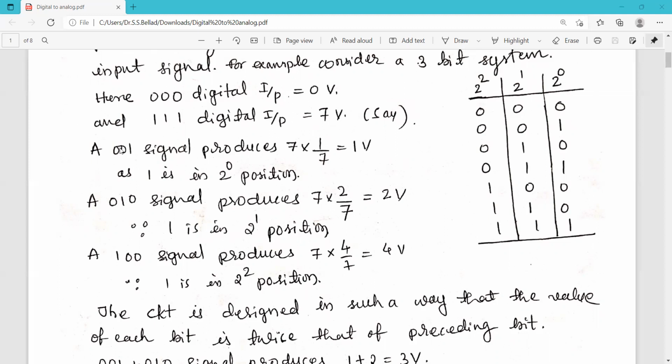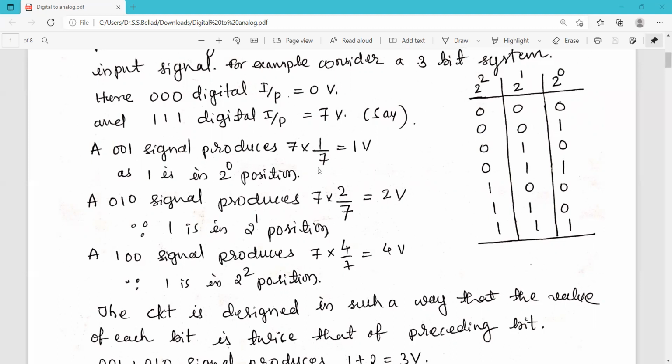And a 0, 0, 1 signal produces 7 into 1 by 7, which is equal to 1 volt. Where is the 0, 0, 1 signal? This is the 0, 0, 1 signal. Here 1 is below this 2 raised to 0 position. This 0, 0, 1 signal produces 7 into 1 by 7.